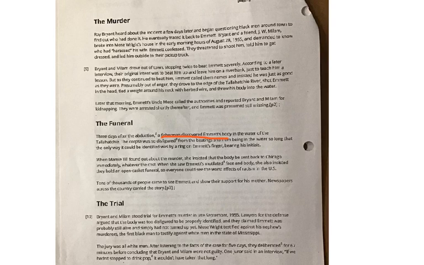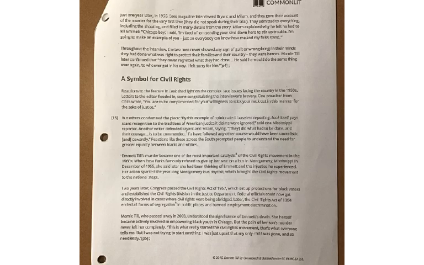I said that it was to teach about Emmett Till's murder and the effects on the movement. So now I have to go find something to highlight that shows he affected the movement. And I know exactly what sentence I'm going to highlight pink. It would be this sentence because it's underneath the subheading, a symbol for civil rights. So how did he affect the civil rights movement?